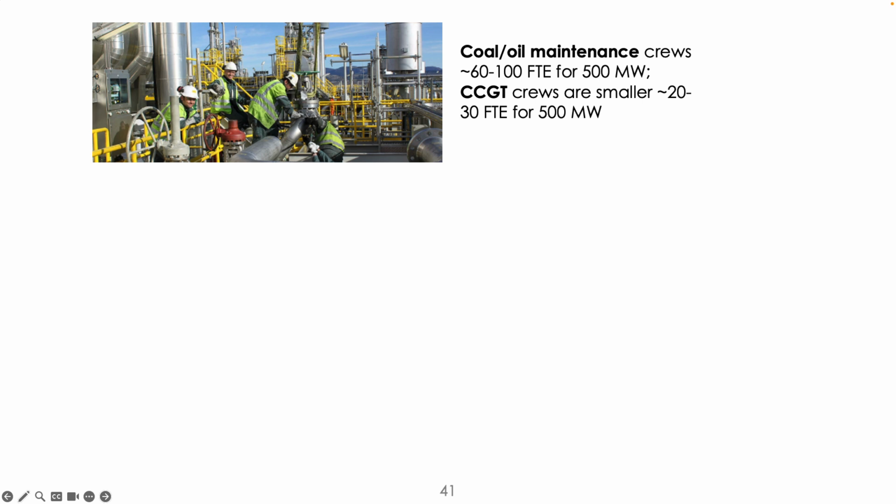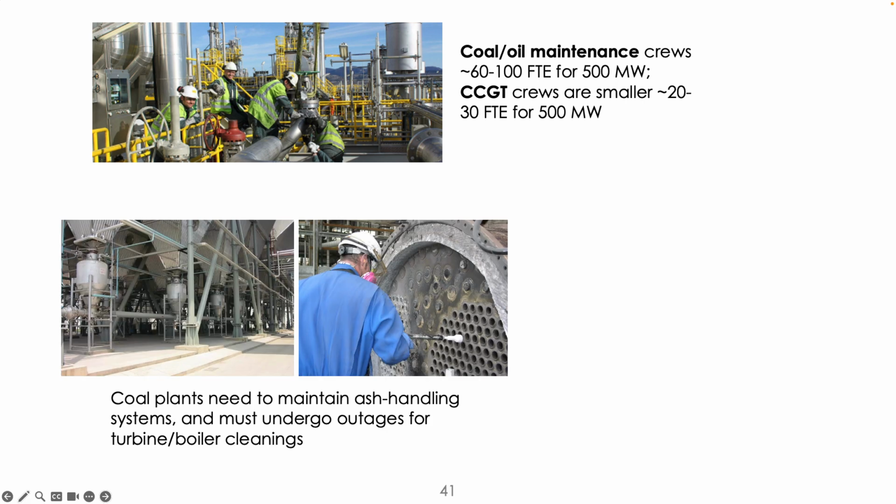Yeah, so this is staffing for different types of power plants. For coal, you might have 60 to 100 full-time employees, whereas for combined cycle you might have 20 to 30 for the same size.